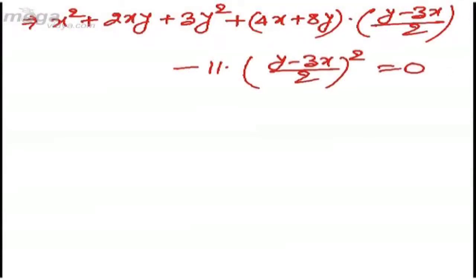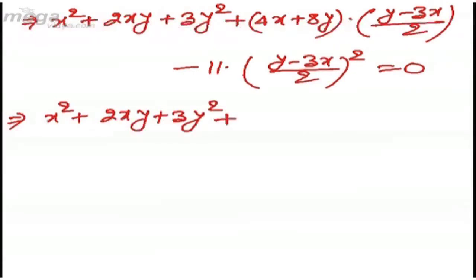Now we will simplify it. What you will get after the simplification? See, x square plus 2xy plus 3y square plus this, if you take 2 common from here, this 2 will get cancelled. So now it becomes 2x plus 4y. Now we will multiply 2x plus 4y with y minus 3x.